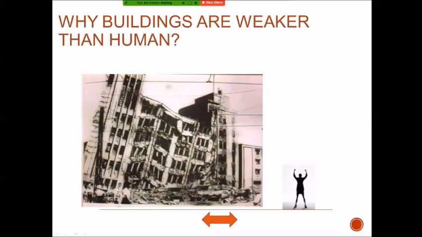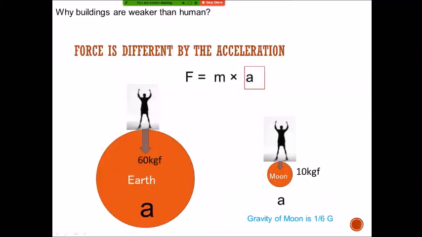So I'm just taking you to the concept of what the earthquake force is. We all know that force is mass into acceleration. If we have our weight on the earth as 60 kg force, the same would be at the moon only 10 kg force, because the gravitational acceleration at the moon is 1/6 of the earth.